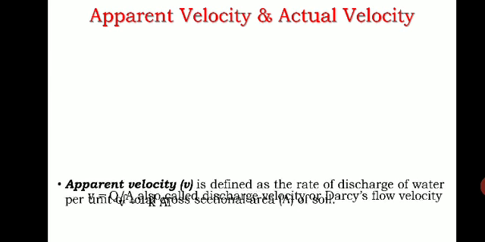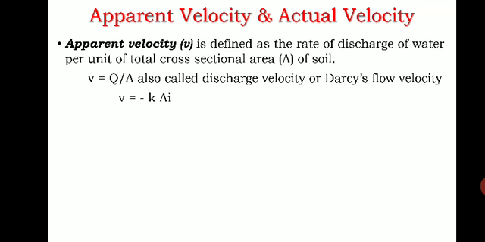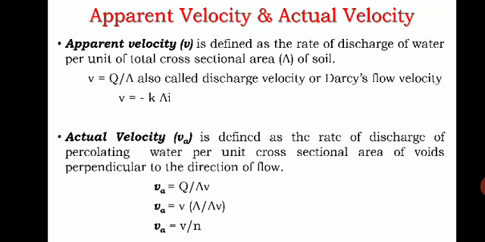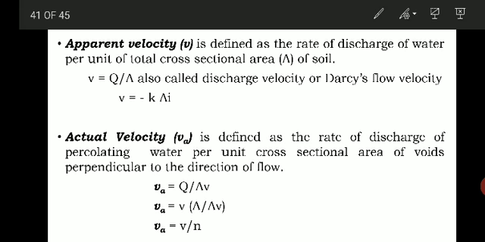Then we'll discuss two definitions, that is, what is meant by apparent velocity and actual velocity. Apparent velocity is defined as the rate of discharge of water per unit of total cross-sectional area of the soil.